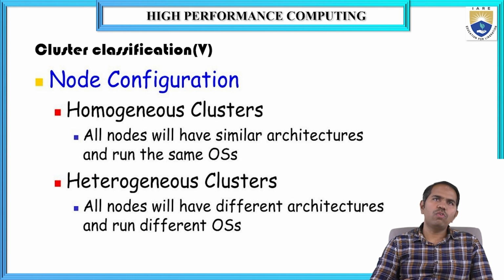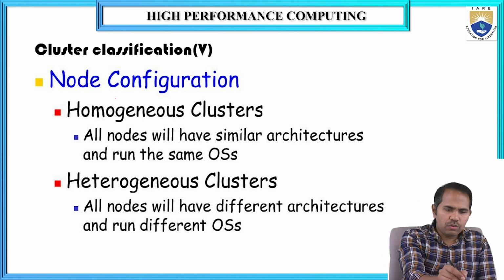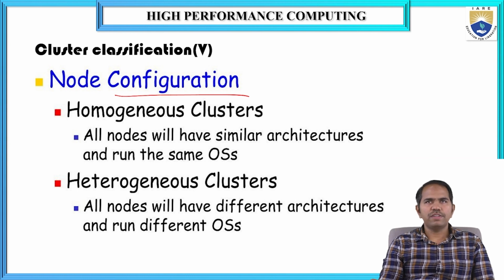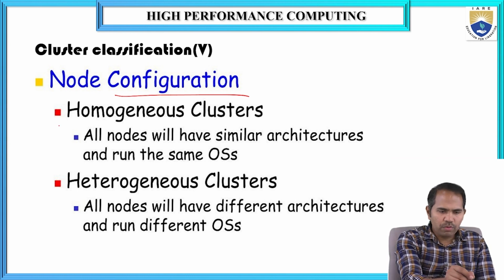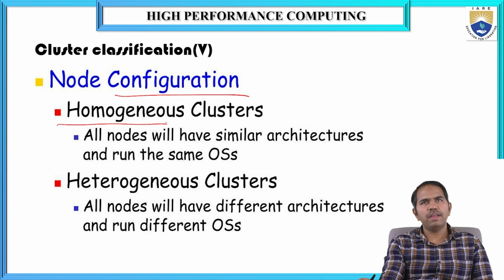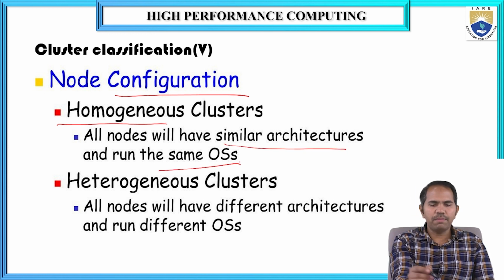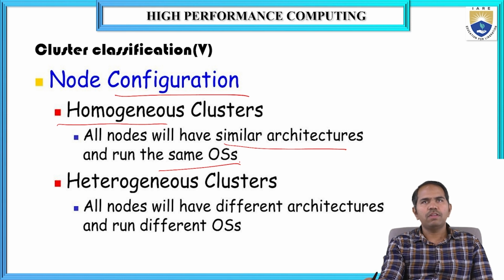And the fifth one is node configurations. See the node configurations: homogeneous clusters and heterogeneous clusters. You know the meaning of homogeneous: the same architectures. The nodes will have similar architectures and run the same operating systems.